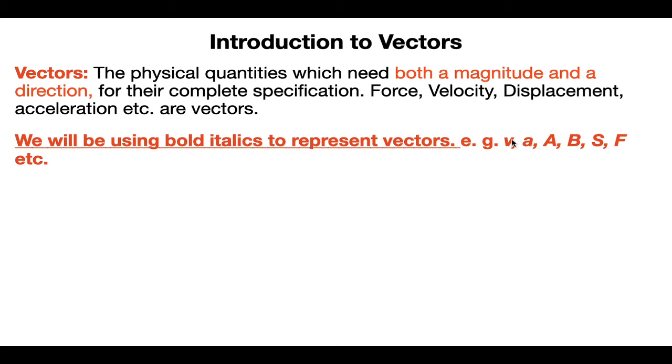Here, V is bold and italicized. It represents the vector velocity. A represents acceleration. Capital A, capital B, S. S, for example, is generally a symbol we use for the displacement vector.